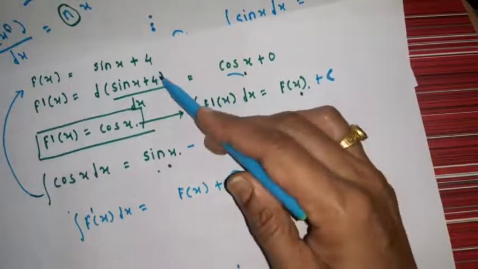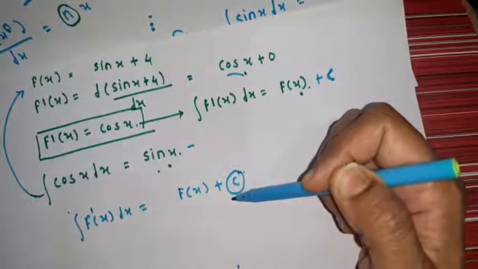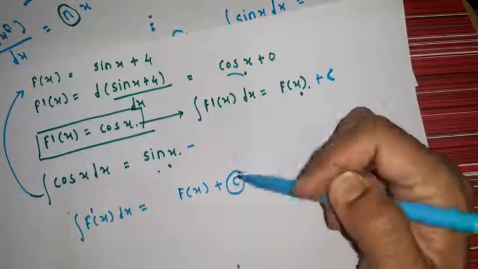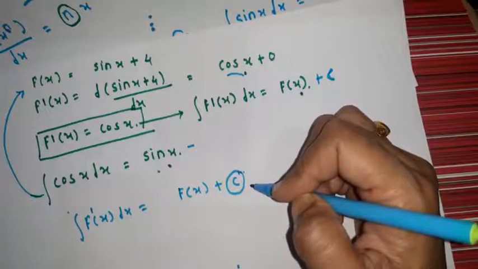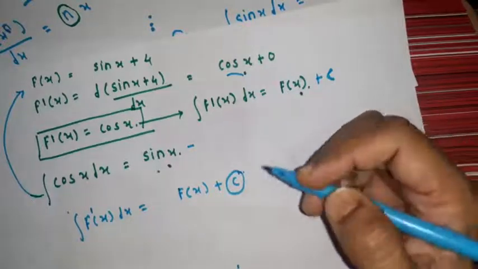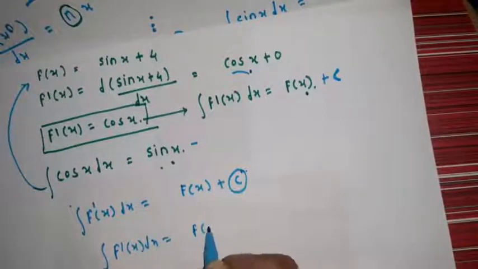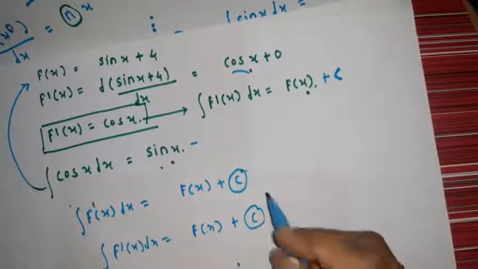Like this, I have already explained with the example. And if there is no constant in the original function, the value of the constant of integration c is 0. Hence the integration of f dash of x with respect to x equals f of x plus c, where c is the constant of integration.